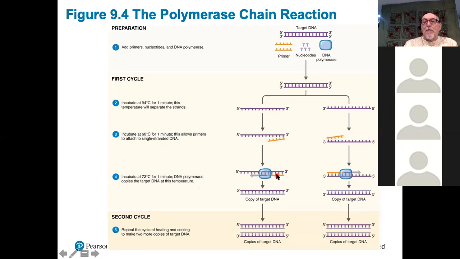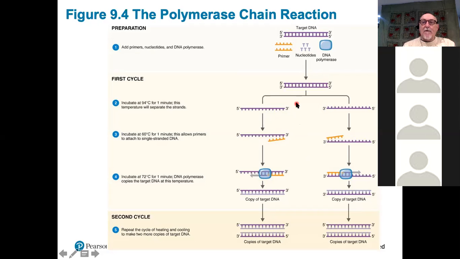And the DNA polymerase will run and will duplicate that strand, and it will duplicate that strand. And what do we end up with? Well, you know from DNA replication that if we do this, we end up with 2 copies that are identical to one another. There's one, and there's the other, and they are identical.